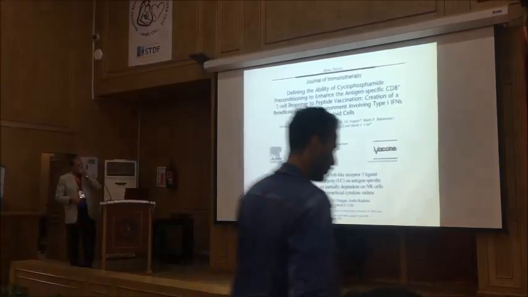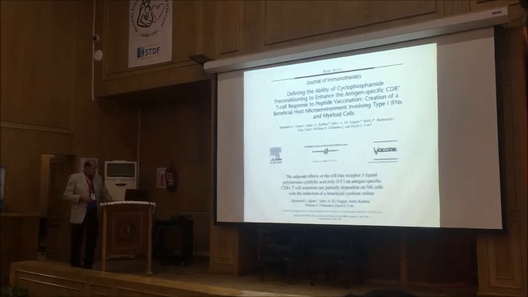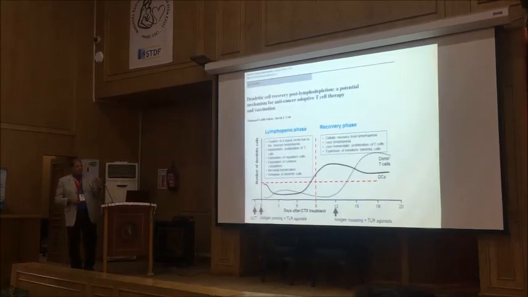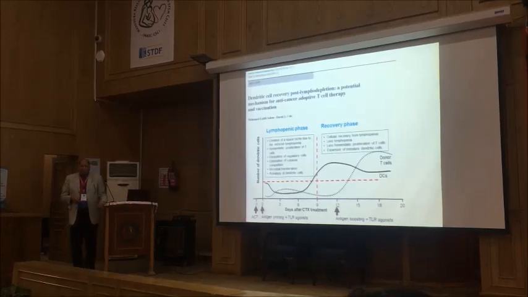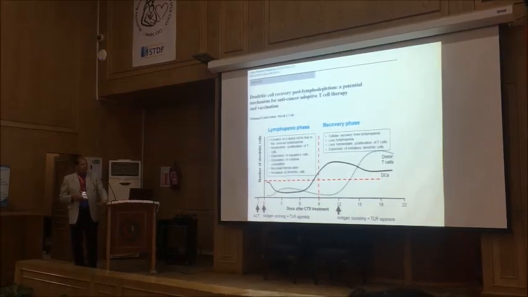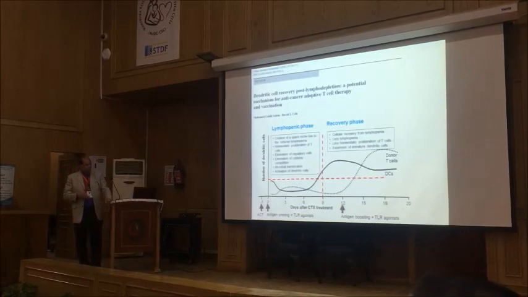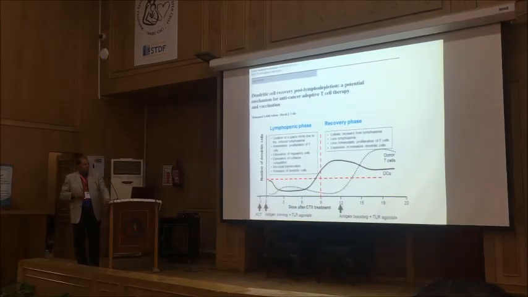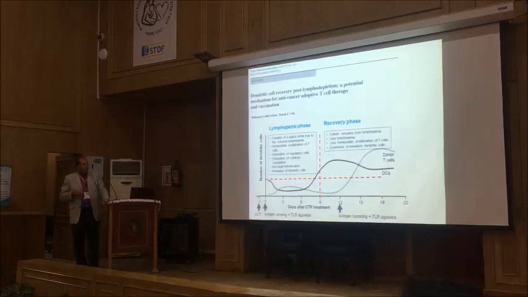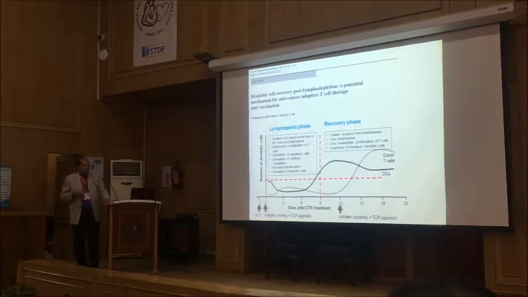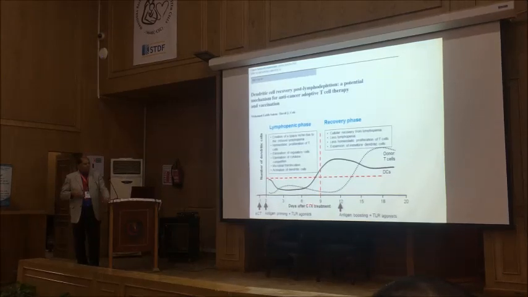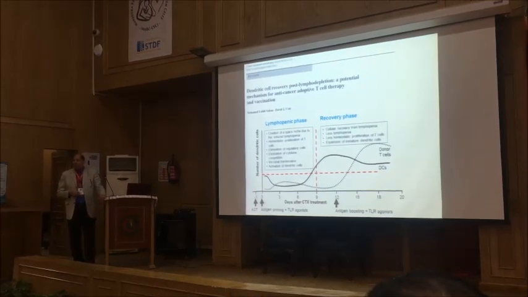And then we used toll-like receptors, as I mentioned, to enhance the tumor microenvironment, and we published one very nice article that has been cited many times. In this review, based on our studies, we defined the two phases already known after treatment with chemotherapy, in this case cyclophosphamide: the lymphopenic phase and the recovery phase.